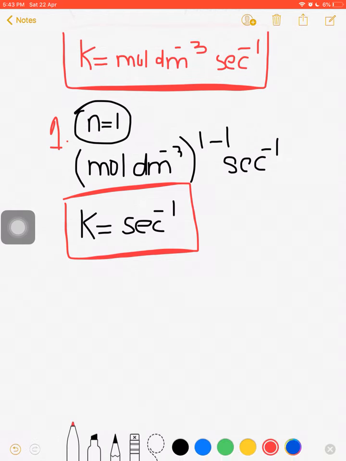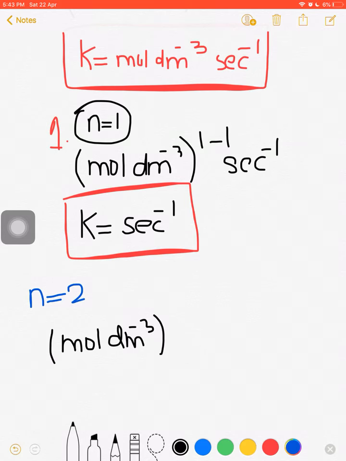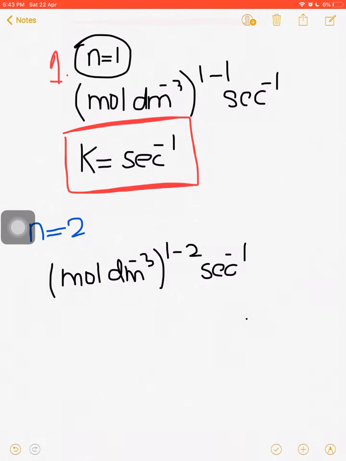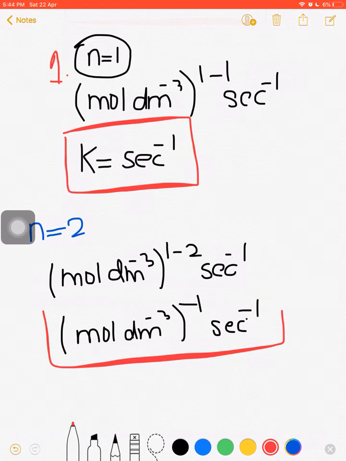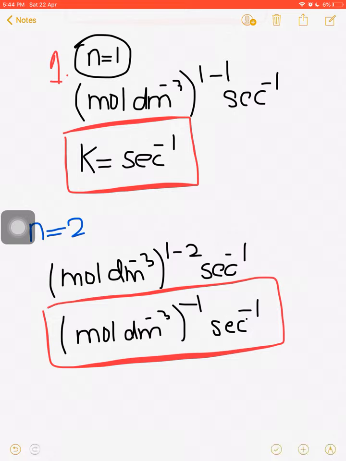What if the order of reaction is equal to 2? Then mole dm cube to the power 1 minus 2, second inverse. It will be equal to mole dm cube to the power 1 minus 2, which is minus 1, second inverse. This will be the unit of k when the order of reaction is 2, right?